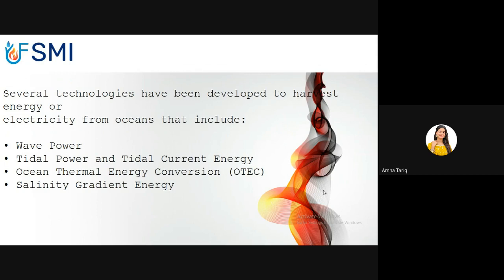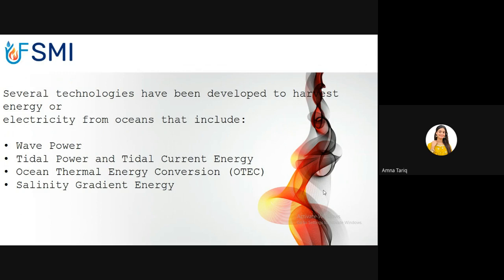The mechanical energy is then converted into electrical energy by built-in generators. The electricity is transmitted through underwater cables to onshore, meaning installations on the land, for distribution to the grid.